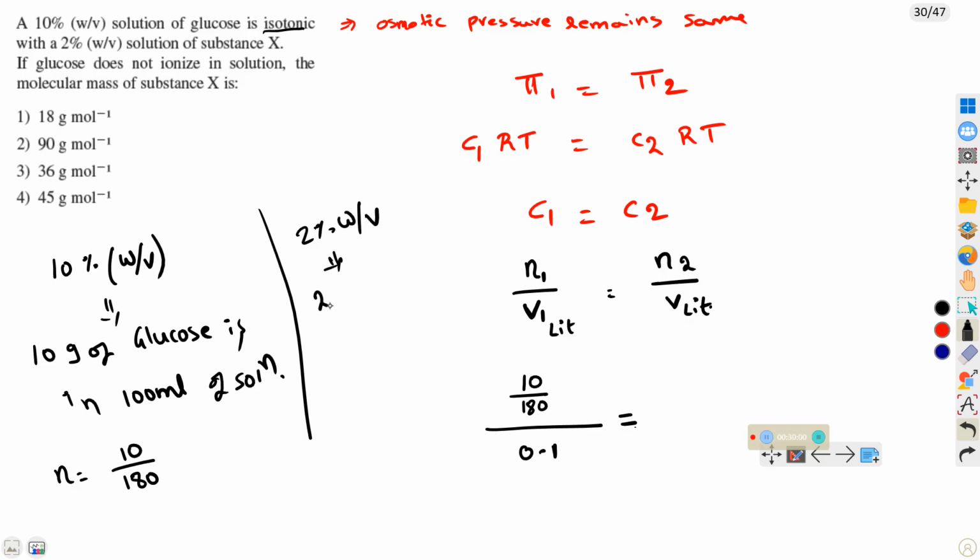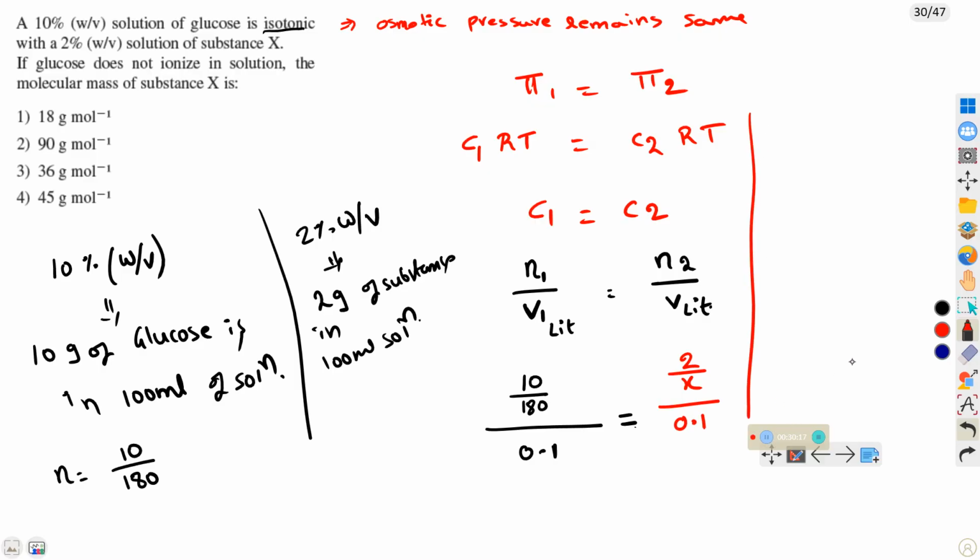2% weight by volume means 2 grams of substance in 100 ml solution. Calculate the substance's molecular weight. 2 by x, whole divided by 0.1.